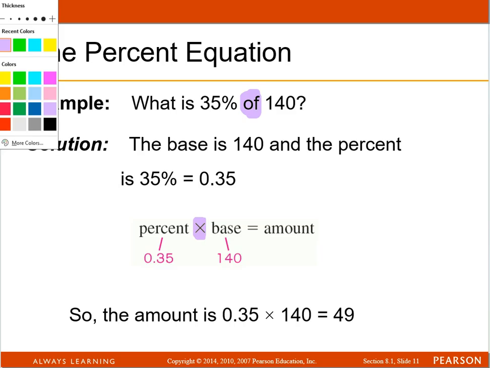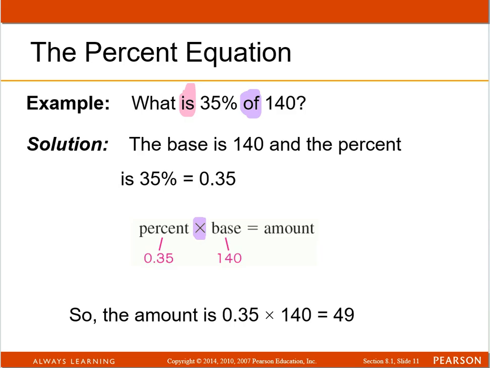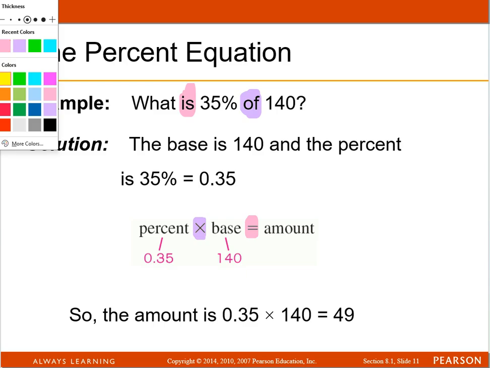And then the word "is," I'll go pink for "is." The word "is" is your equal sign. And so in this one, it says, what is 35% of 140? And I am looking at my percent. Sorry, my computer's a little slow tonight.